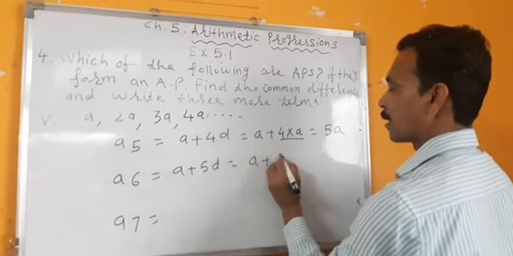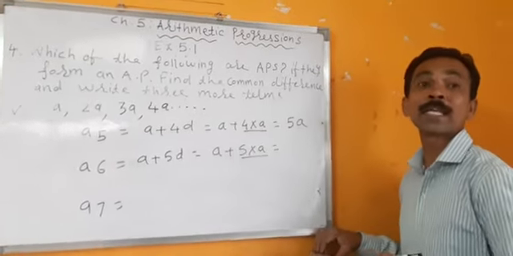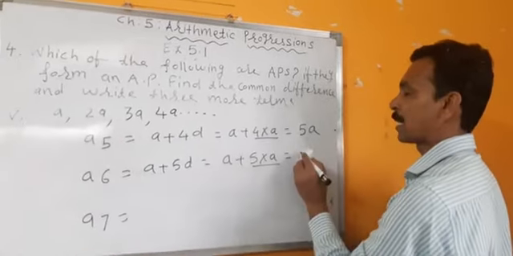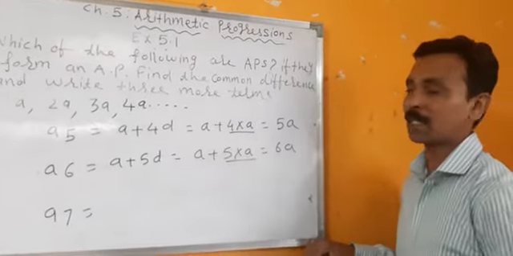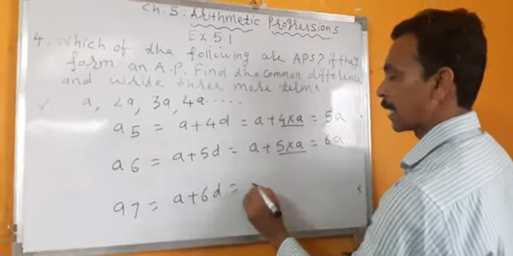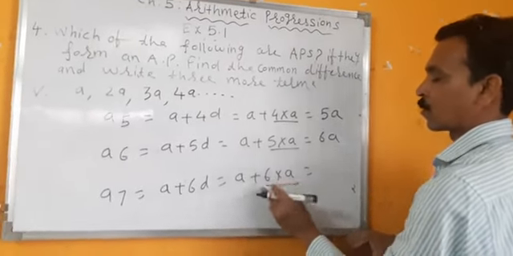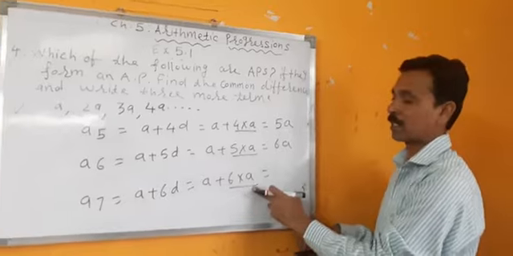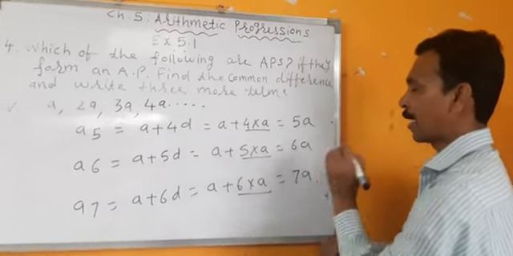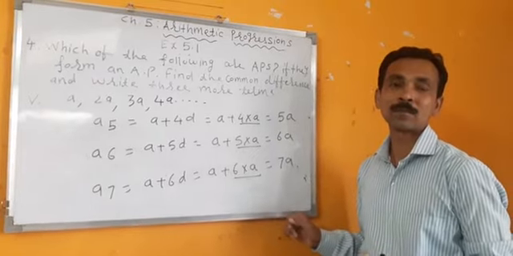A plus 5 into D is A. 5 into A is 5A. 5A plus A is 6A, right? A7 is equal to A plus 6D. A plus 6 into what is D? A. What is 6 into A? 6A. 6A plus A, 7A. So these are the next three terms.